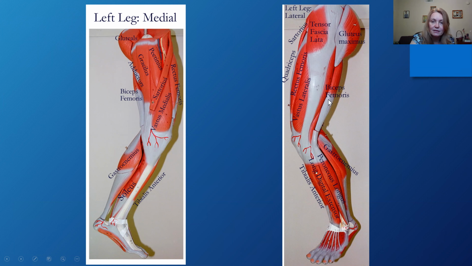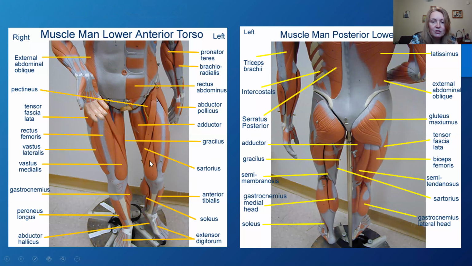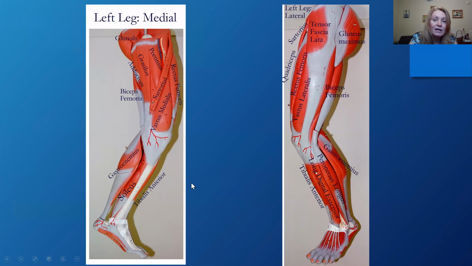Right now you just see biceps femoris, we have tibialis anterior, peroneus or fibularis longus, gastrocnemius, extensor digitorum longus over here as well. So again, we covered many of them in this picture, and now it's a better view.